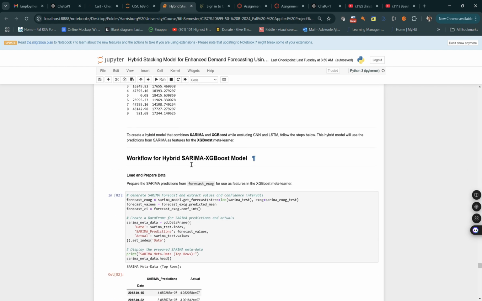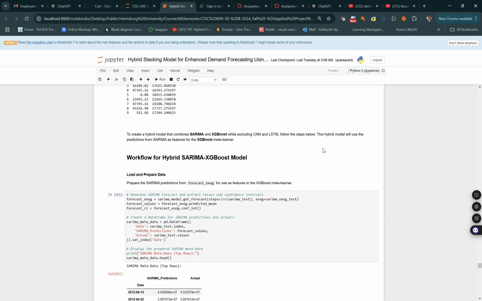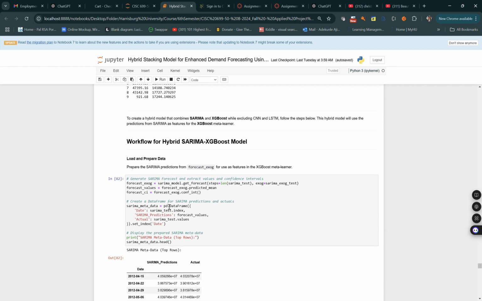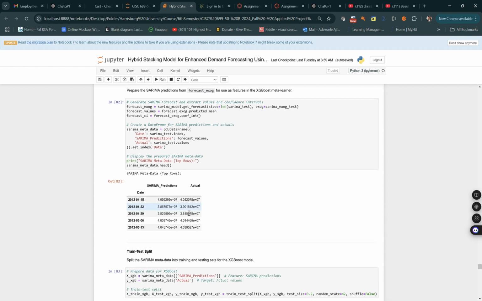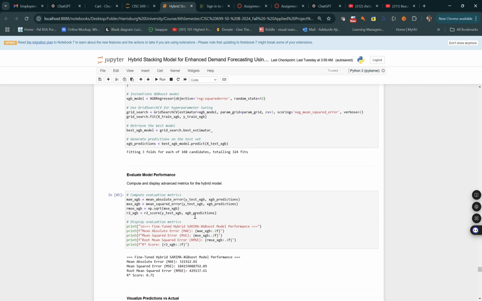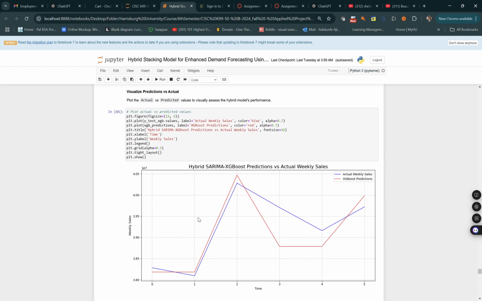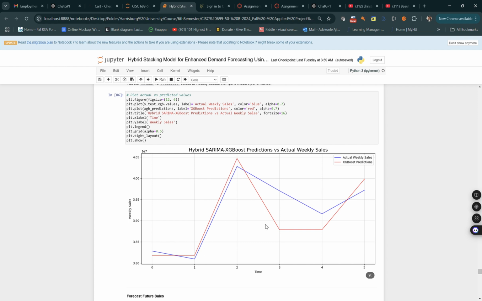The SARIMA model was not fed directly in with the LSTM and CNN. What I did was build a hybrid model of SARIMA and XGBoost. And when we check the prediction, yeah, it performed better.